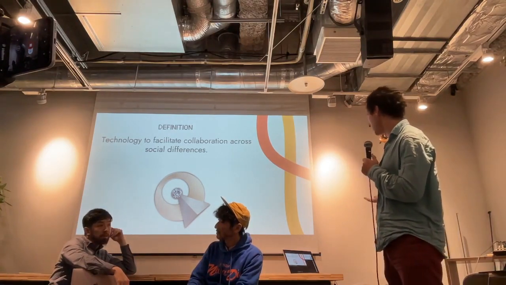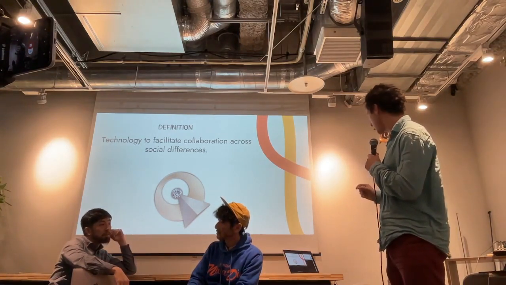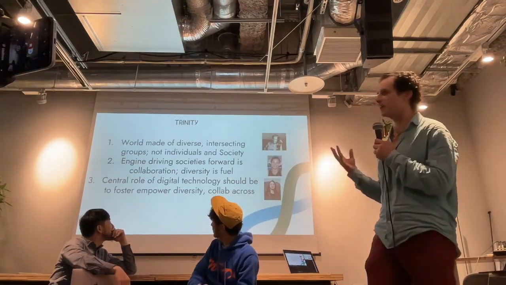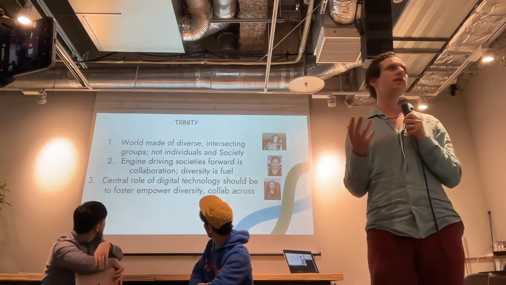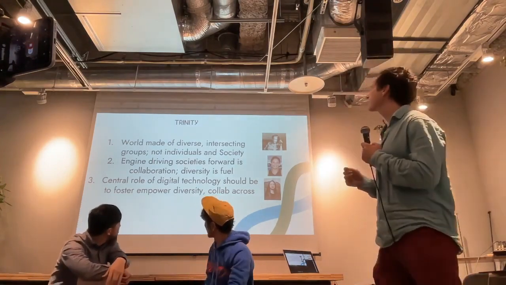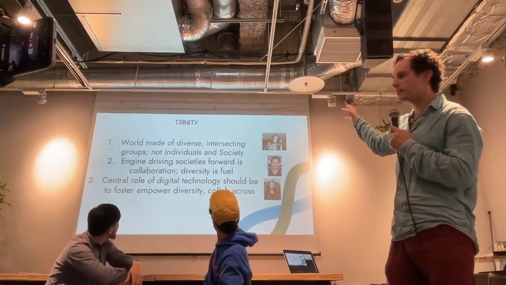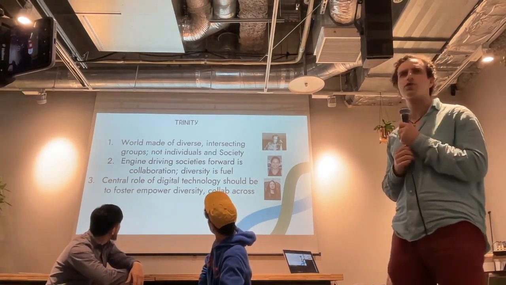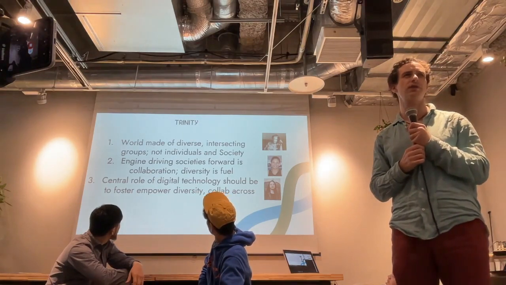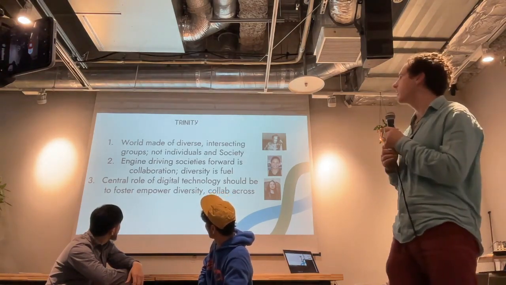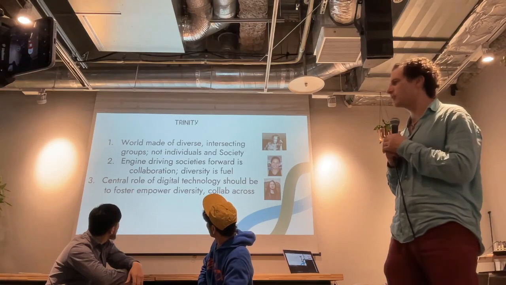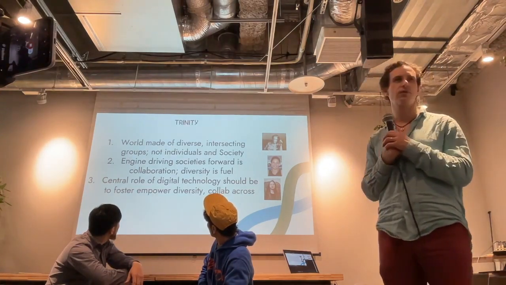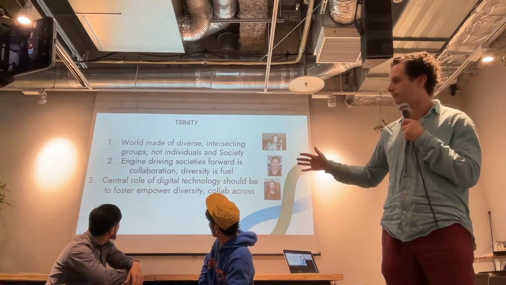This, to be a little bit more pedantic about it, next slide, you can think of this idea as coming from three great thinkers. So Hannah Arendt, one of the great philosophers of the 20th century, used the word plurality in her book, The Human Condition, to represent this idea, that the world is made up of diverse and intersecting social groups, not of individuals and society as a whole.